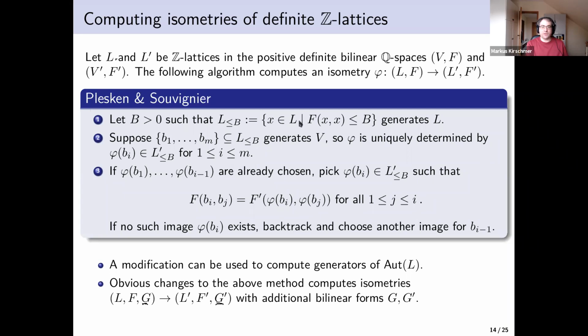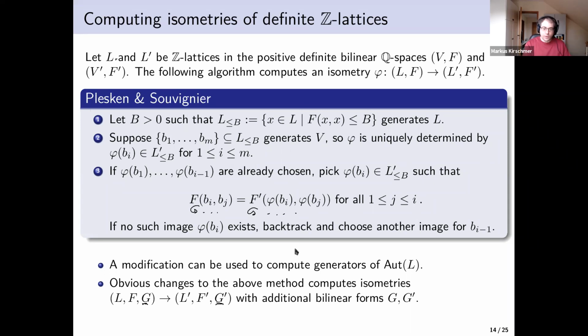I only need positive definite to get a finite set here. So I can have additional forms, like G and G prime, and they will be preserved as well. The only thing that changes is that I get more conditions. But having more conditions is even better, because it limits the number of choices I have in each step.